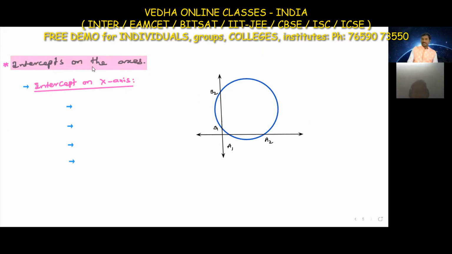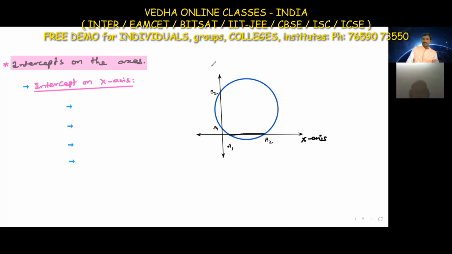Next, intercepts on the axes. If you take this circle, it makes some intercepts on the x-axis as well as the y-axis. This is the x-axis and this is the intercept on the x-axis.